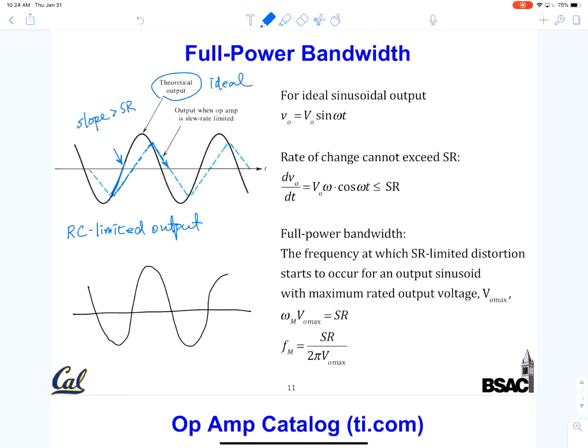Remember the Bode plot: if you are over the RC limit, over the 3 dB bandwidth, your amplitude is reduced. So you get something like this. It's still a sinusoid. As you know from the Bode plot, there's also a phase shift, so you won't get exactly that, but rather an offset. You get something like this in the time domain. This is what you can observe under an oscilloscope, with the phase shift.